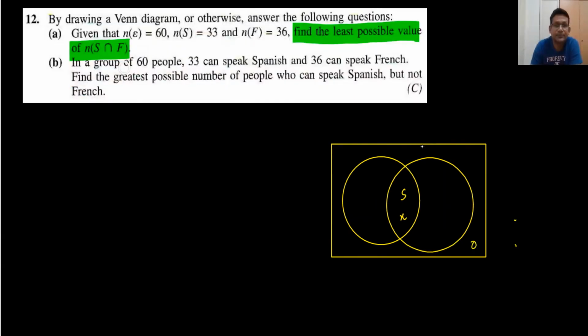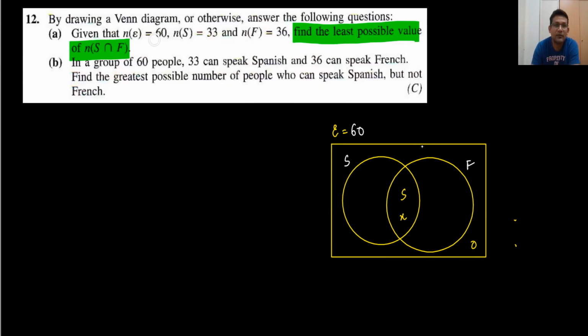Okay, let's see. The universal set is 60, and we have S and F. By drawing a Venn diagram, answer the following questions.